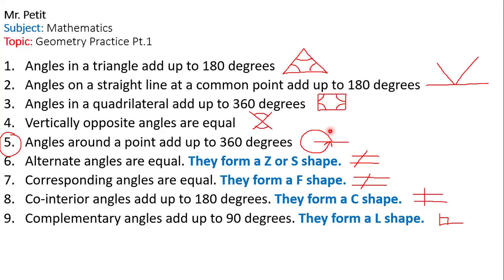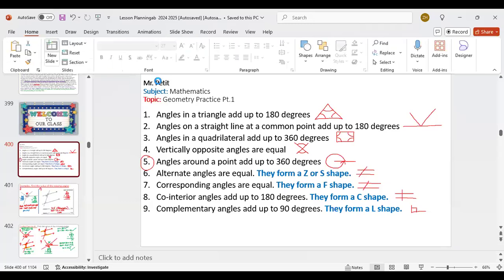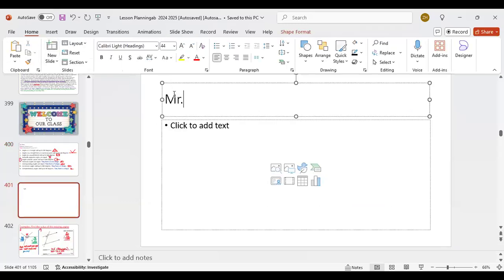All right, so let's begin. Let's write this down. My name is Mr. Petit. Write this down for me. Today is Tuesday the 29th of October, 2024.